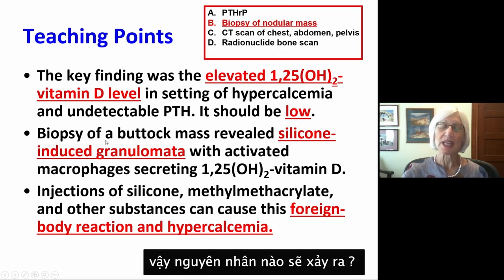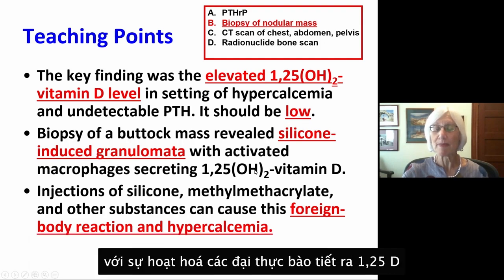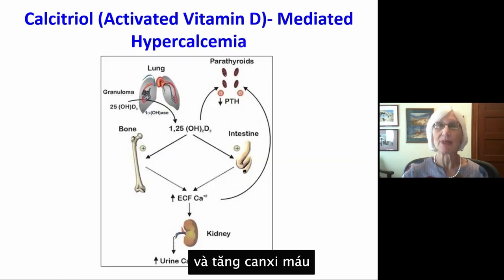So what causes that, we'll go through, but the biopsy of one of her masses that you felt on exam revealed silicone-induced granulomata with activated macrophages secreting 1,25D, and this is a case of a foreign body reaction and hypercalcemia.